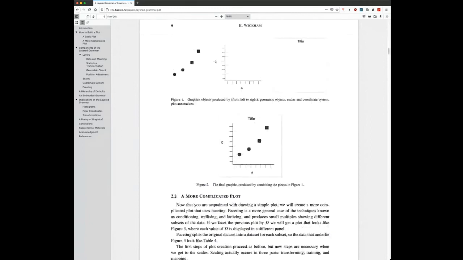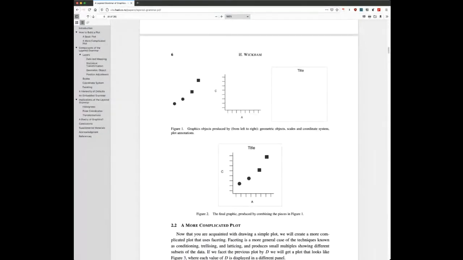The main point of a grammar of graphics is to identify the different individual components of a plot and give you a structured set of rules for how they can be combined. Right, so here, Wickham's talking a little bit about the way in which plots are constructed and the components that can be on a plot.